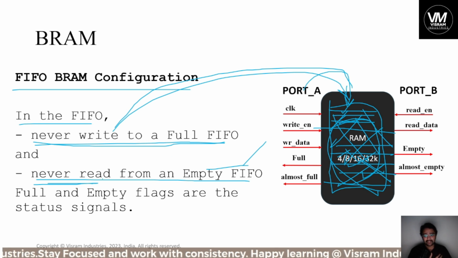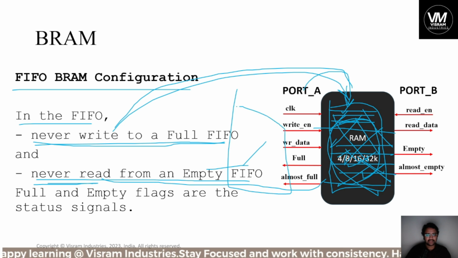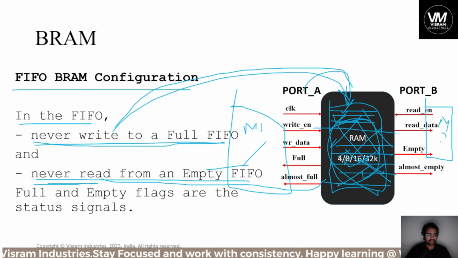And you can't read from an empty FIFO. What will you read if there is no data in it? So that is a major difference. So in the FIFO, what is happening? It is checking whether the block RAM is full or empty, to push the data from one location to another, or from one module to another module. As I have said, this RAM is connected to two modules, M1 and M2.